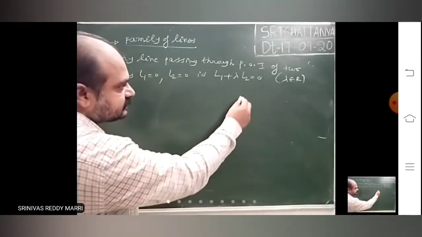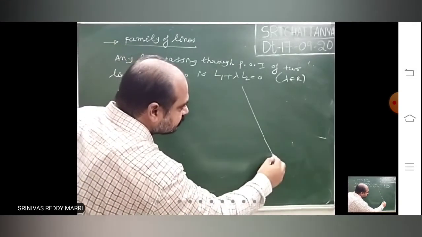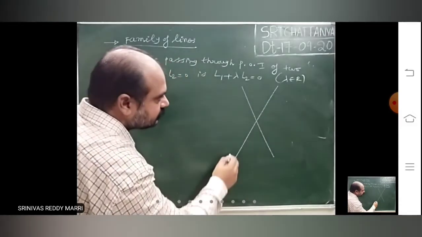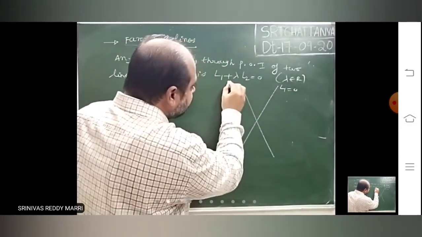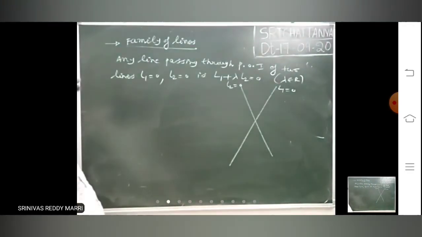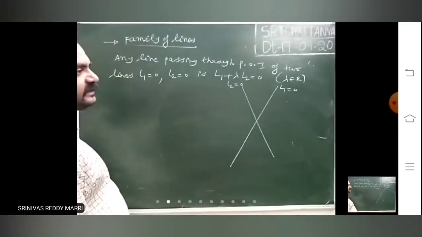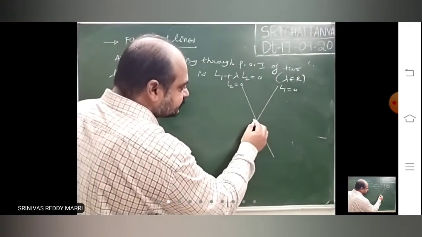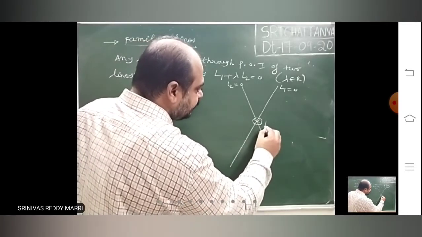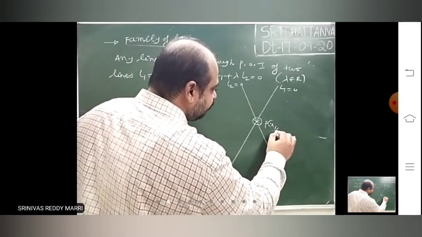So there are two lines, L1 equal to 0 and L2 equal to 0. Only if the two lines intersect will there be a point of intersection. Let us say they intersect at P(x1, y1).